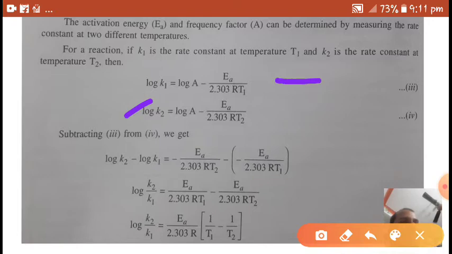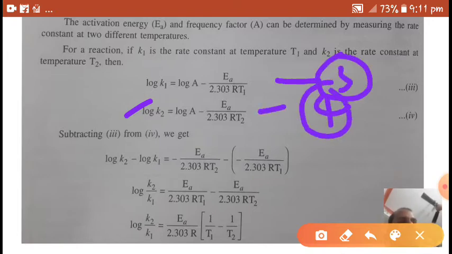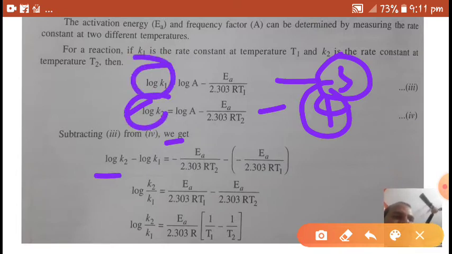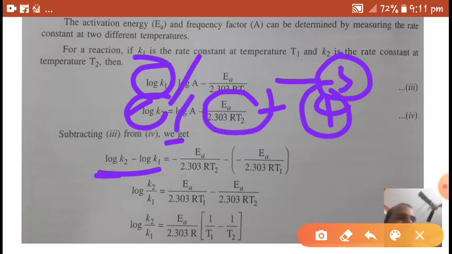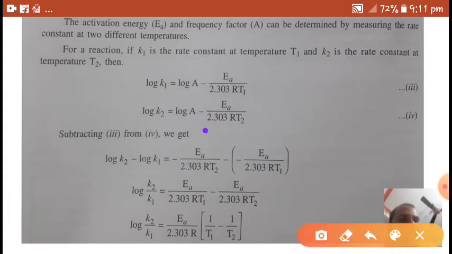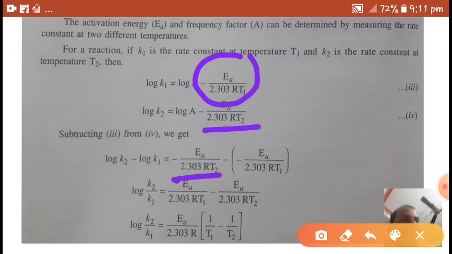If this is equation 3 and this is equation 4, and I subtract equation 3 from equation 4, we get log K2 minus log K1 is equal to, on the right side, log A and log A cancel out, and minus EA by 2.303 R T2 minus of minus EA by 2.303 R T1.